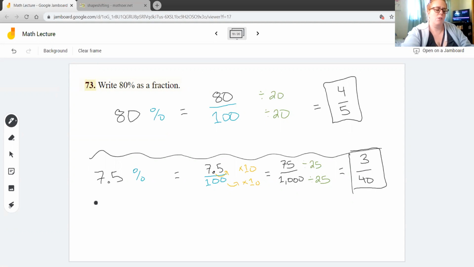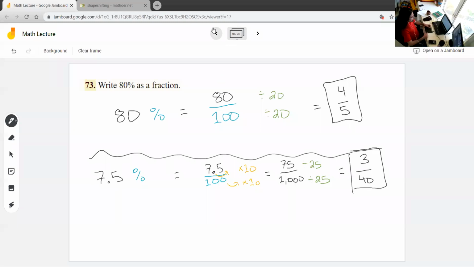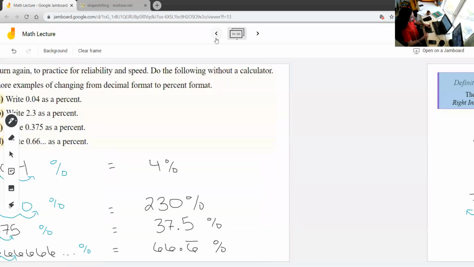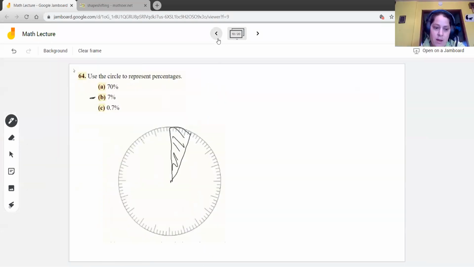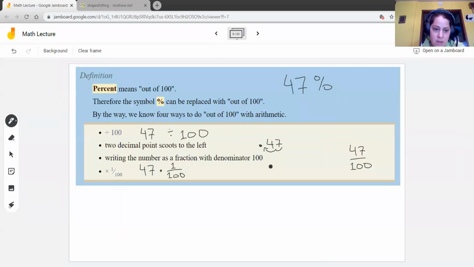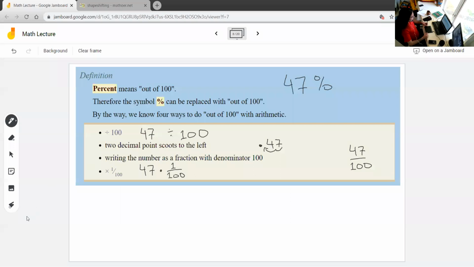So how did you come up with the 100 for 80 over 100? Because way back to this important one, you can always write it over 100 as something to do instead of the percent sign. Oh, okay.